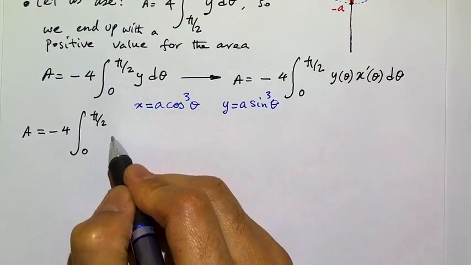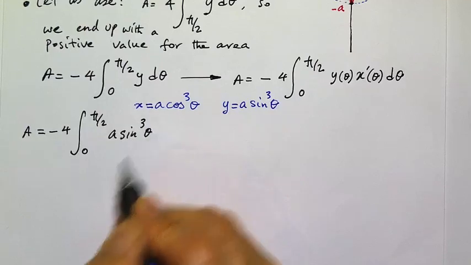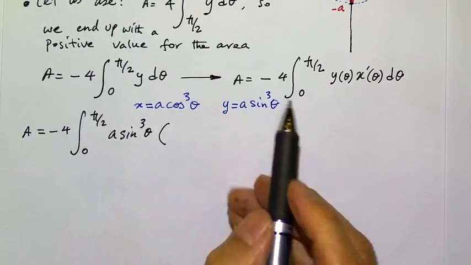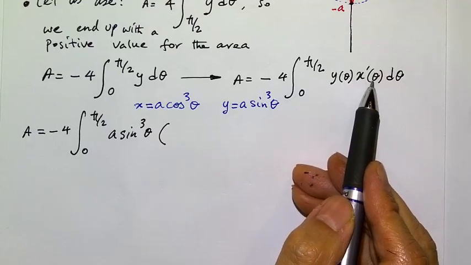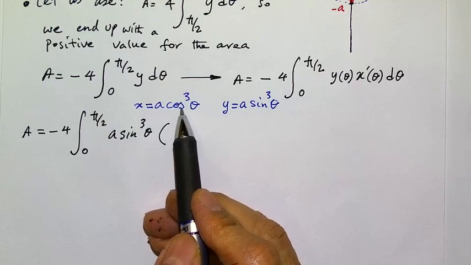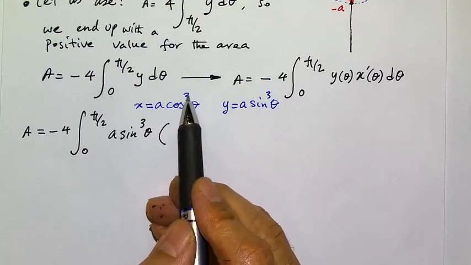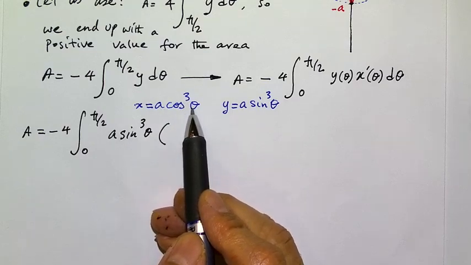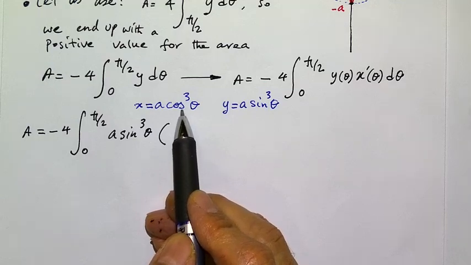Let's do that. So a times sine cubed theta times, now we have to take the derivative of the parametric equation for x with respect to theta, right? So that'll be that. So this will be 3 times a cosine squared theta, and then by the chain rule, the derivative of cosine theta is minus sine theta, right?